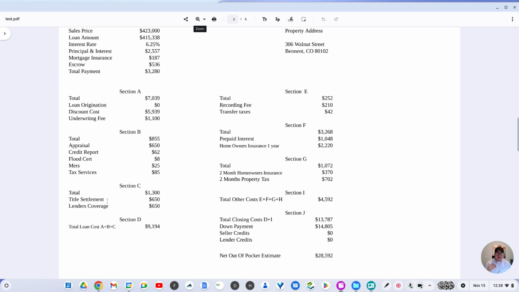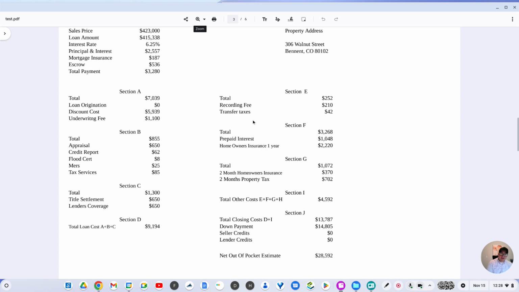And the seller has already paid to make sure the title is clear. So they're giving you a discount to use the same title company. So in almost all cases, even though in theory you could go get your own title company, I have never seen in my career where somebody did that because you get a discount for using what the seller already did. So that's Section C.